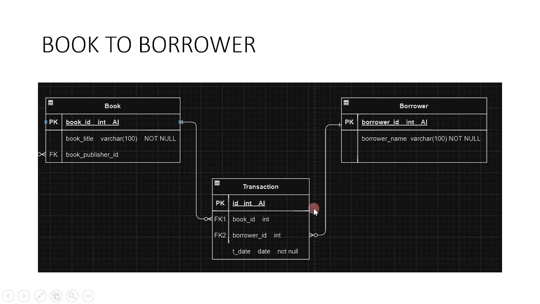So again, we have the foreign key for the book and a foreign key for the borrower's ID, FK1 and FK2, and as you can see here, I have an extra attribute. Actually, you can have some more attributes. We are not limited to only this one here.